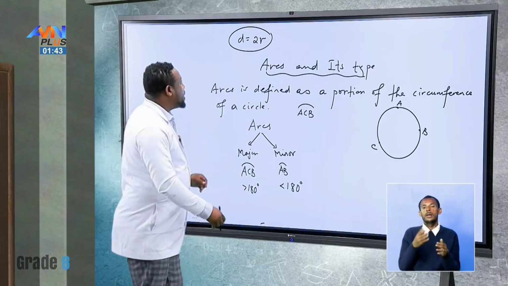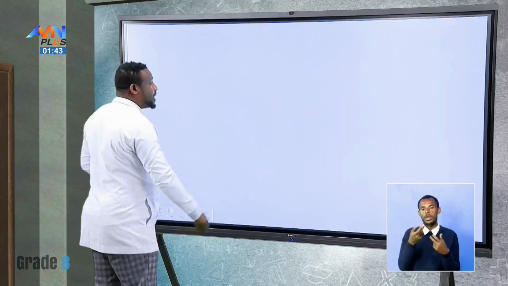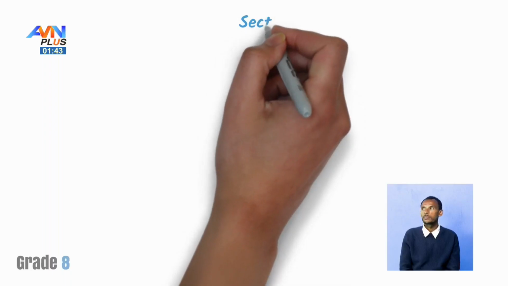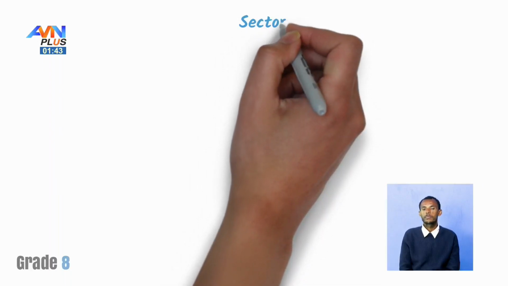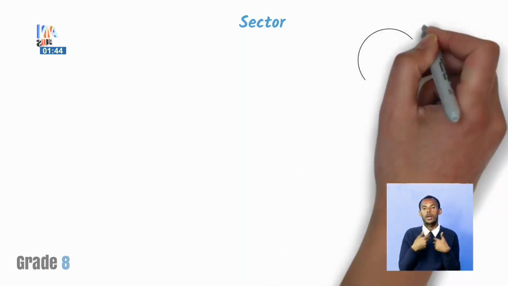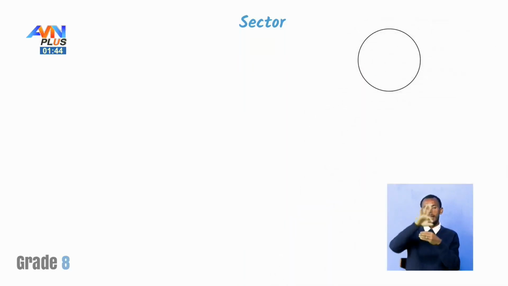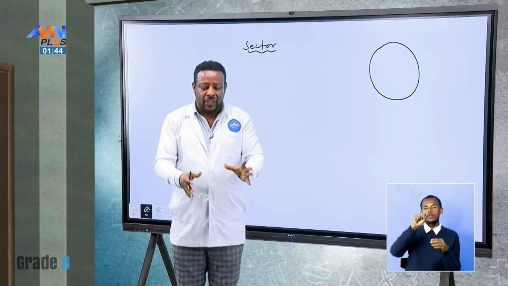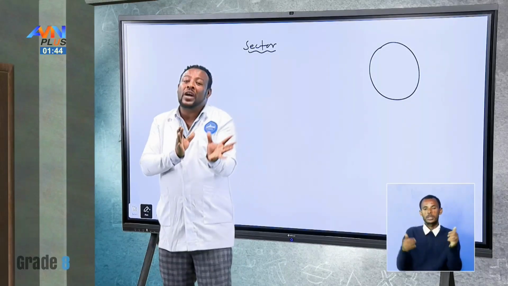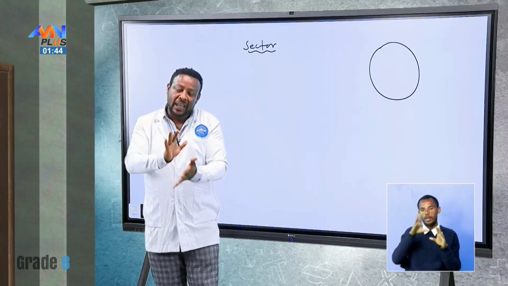So after arc, we have sector. Sector, okay? What is a sector? For example, if we have a certain circle, a sector is defined as a portion or a region which is enclosed by two radii and an arc that subtends it.